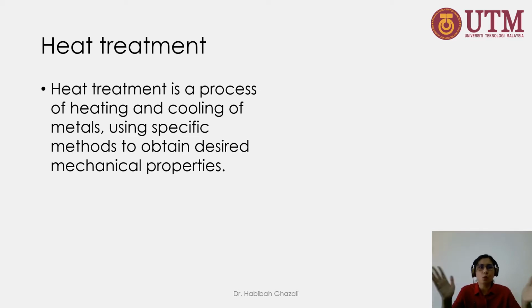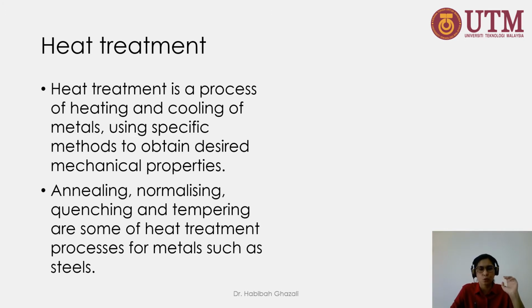So depending on what you want to achieve, you can perform a different type of heat treatment. In this lesson, we will look into 4 types of heat treatment processes, which are annealing, normalizing, quenching, and tempering. And we will focus our attention on steel metal.